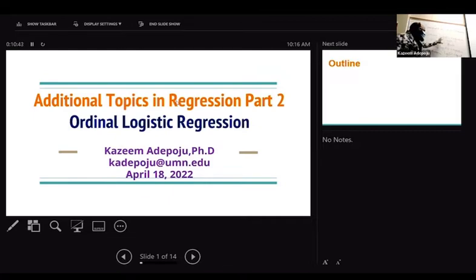So these are the types of logistic regression I've walked you through. Number one, the binary logistic, where the response variable is categorical, has two levels, but is not ordered. But the one I want to walk you through today is what we call ordinal logistic regression.